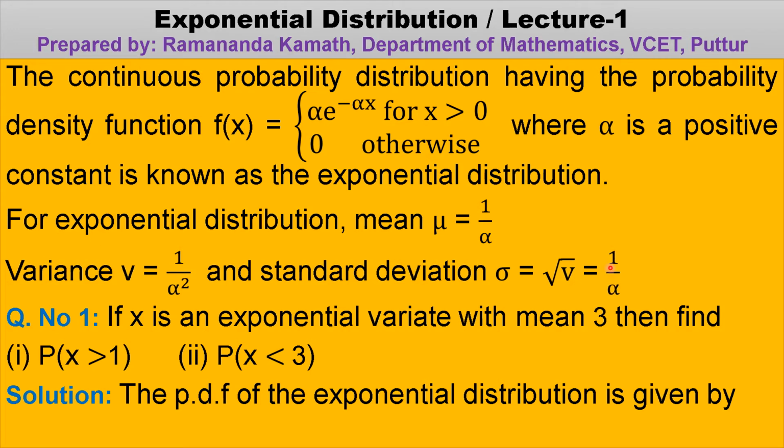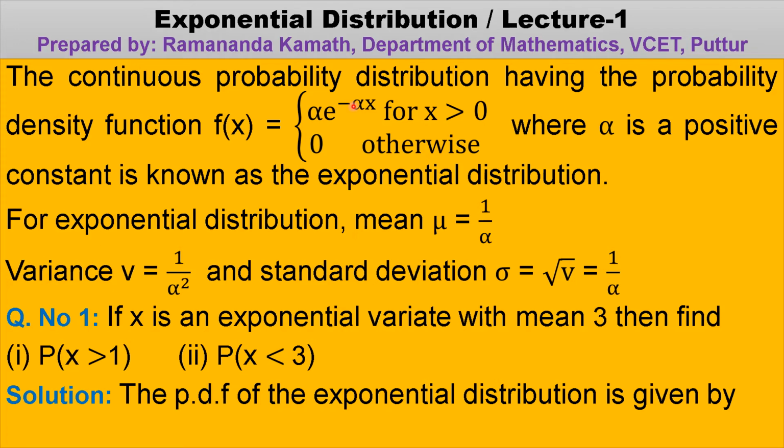So for an exponential distribution, remember this. In the probability density function f of x, whatever the coefficient of x comes in the power of the exponential factor e power minus alpha x, that is taken as minus alpha, and from minus alpha you can get alpha.